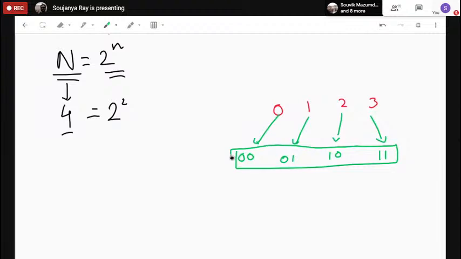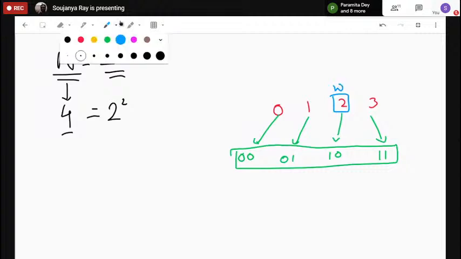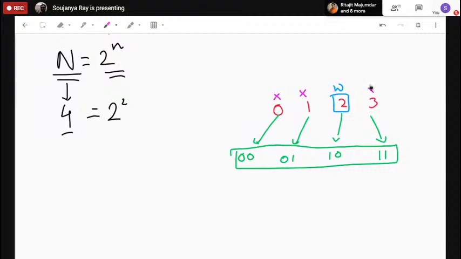Now we need to design a function that we talked about that returns 1 for the searchable items and returns 0 for the non-searchable items. Now suppose our searchable item that we want to search is 2, and we will mark it with a box and write W. W stands for the winner, or the searchable item that we are trying to search, and the rest of the numbers, let's mark them X. So X are the items that we don't want to search.